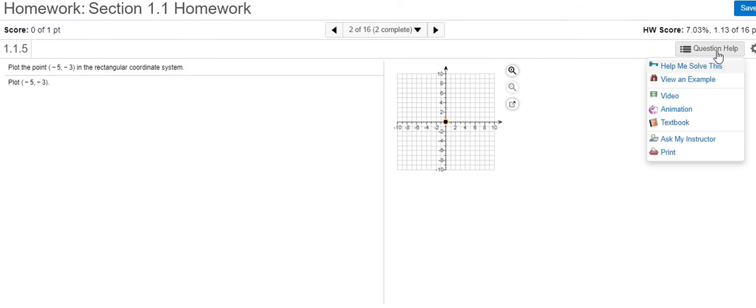Yeah, so see there, certain questions will have certain resources. So most questions will have help me solve and view an example and definitely textbook, ask my instructor, and print. Some questions will also have a video or an animation. So we're going to go ahead and just use this one as an example with the video.